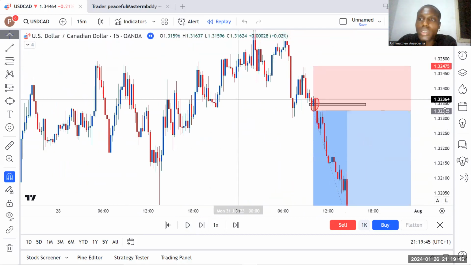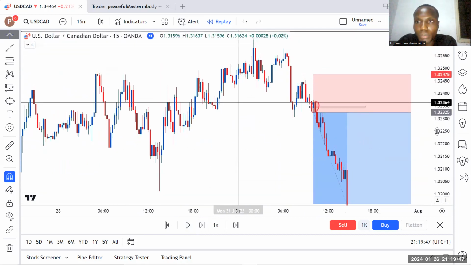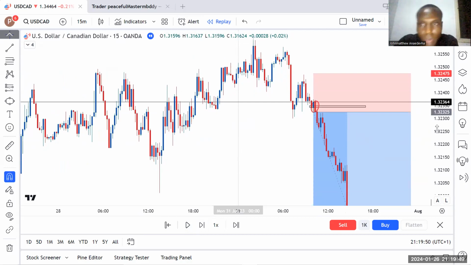So it's basically just the price delivery. If you read about IPDA, interbank price delivery algorithm, there's an algorithm that pushes price to different price points where there are bids and asks for different prices in the market. So that determines the movement of price in the market.